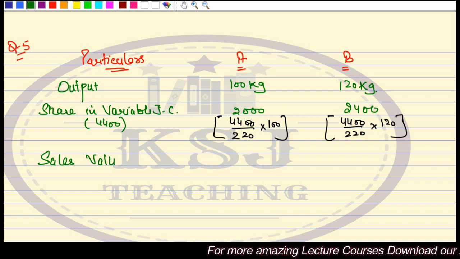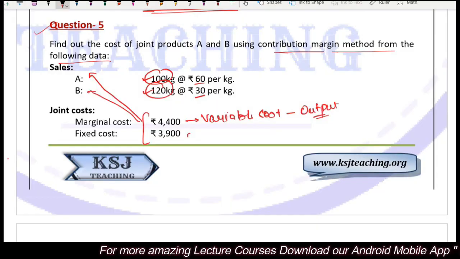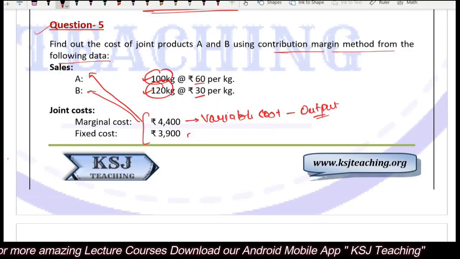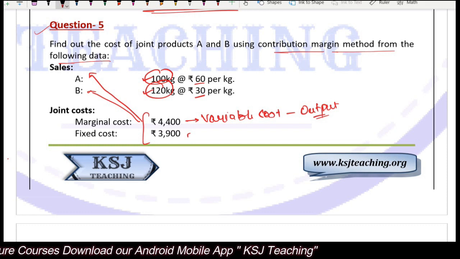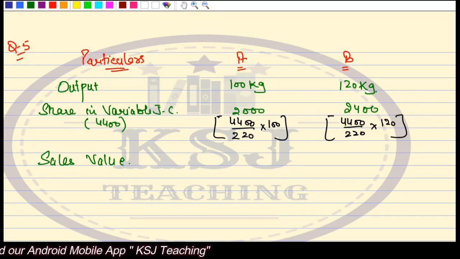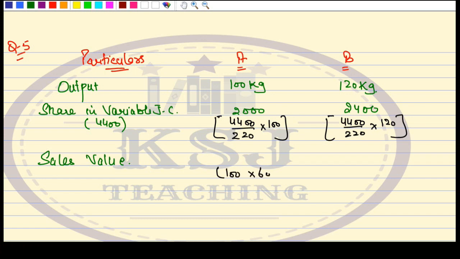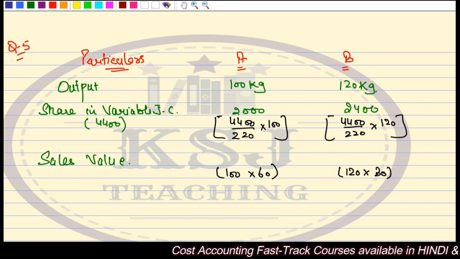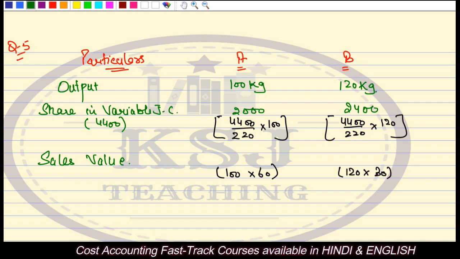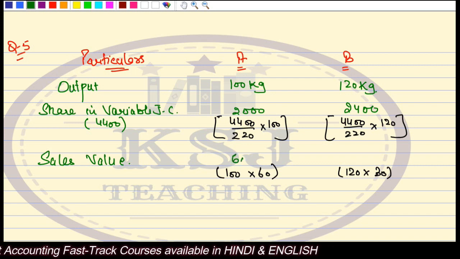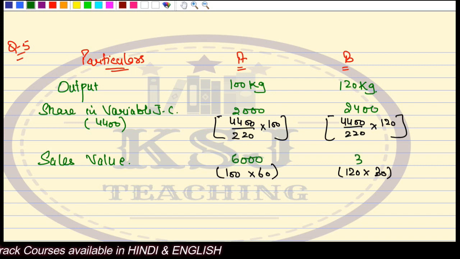Sales value, right? For product A, it is 100 multiplied by 60, and for product B, it is 120 multiplied by 30. So our sales value will be 6000 and 3600.